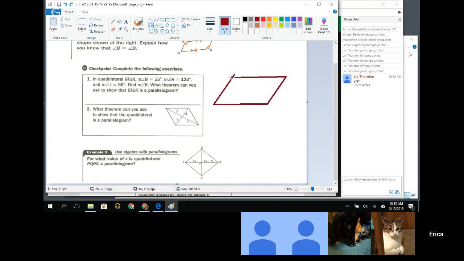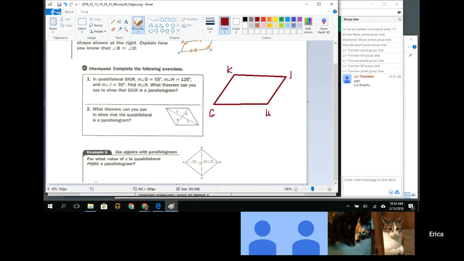Okay, that's supposed to be a little more equal than it is. So we have some shape, and it is G, H, J, K.